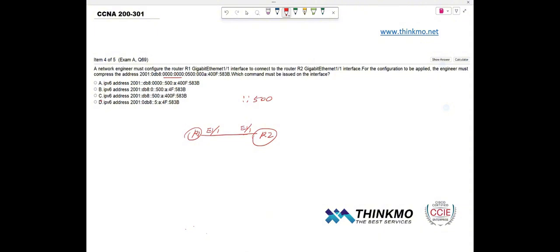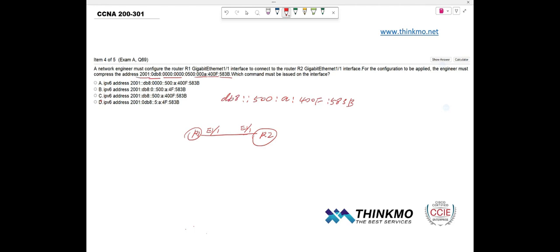And then this part, 00A, also has leading zeros, which can be compressed to A. Then below, this segment cannot be compressed. 400F cannot be compressed, and the following part also cannot be compressed. So here, it's written as 400F. Then 583B. Okay, then 0DB8 can be compressed to DB8.